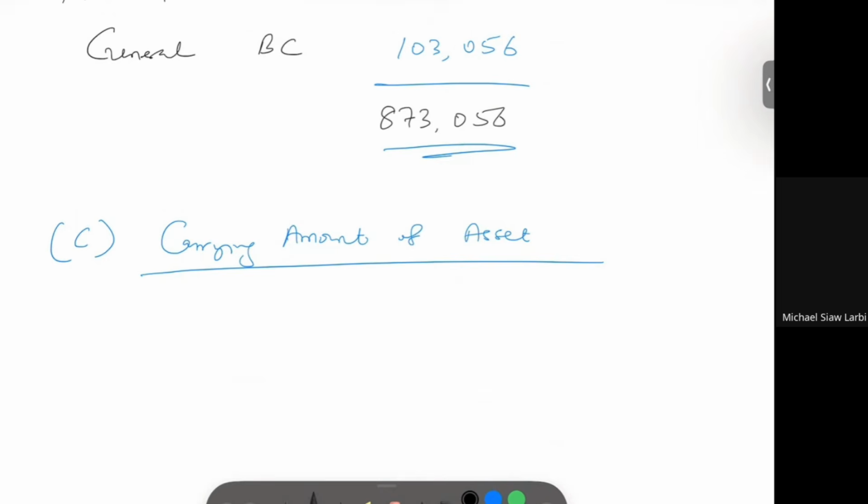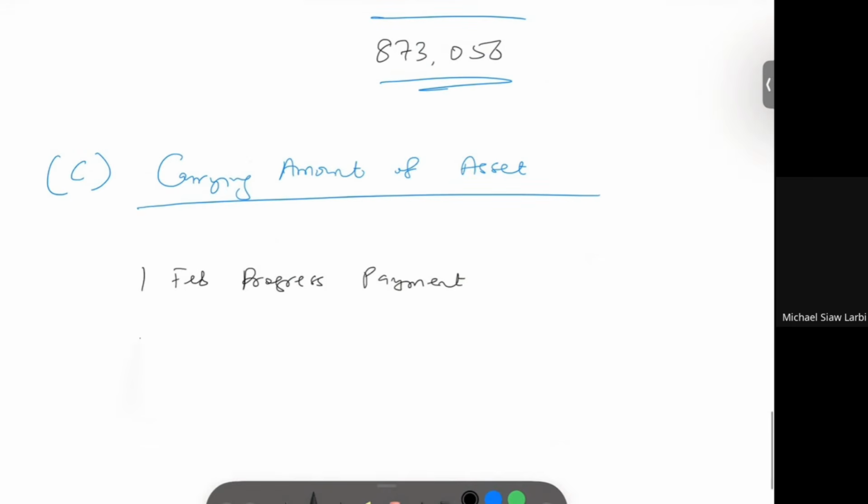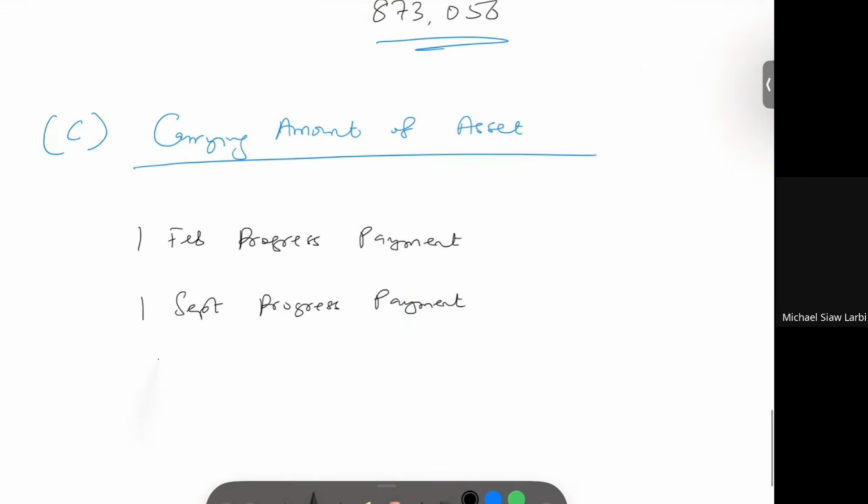So we would have the 1st February progress payment, our 1st September progress payment, and then we would add our capitalized borrowing cost.